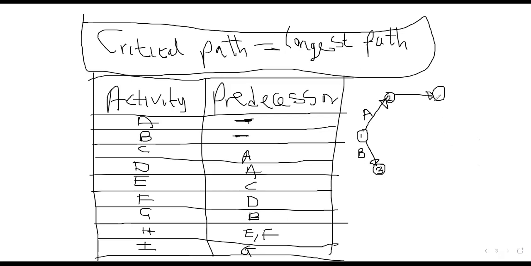So after A, there is a C. So here you can put a 4. Then after A has completed here, there's also a D. So you can put a 5 here, and then you indicate a D. Are we together there?